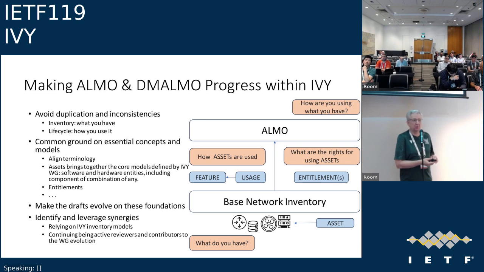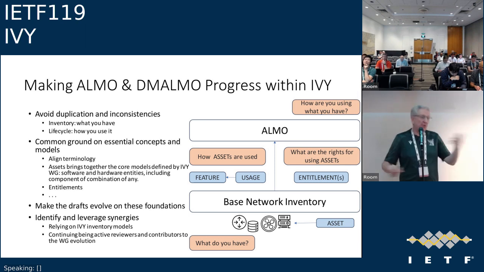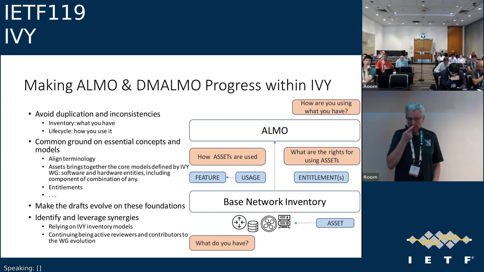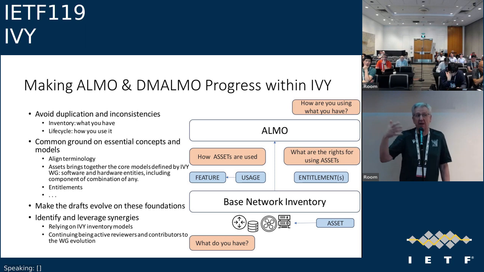Probably when we meet in Vancouver we will have something to show in progress, and there will be a new version or even several numbers ahead. Probably one of the things is this feature capability, this license entitlement, but I think that is not that complicated. What is important for us is to take the base model, agree on it, align with it and move on.